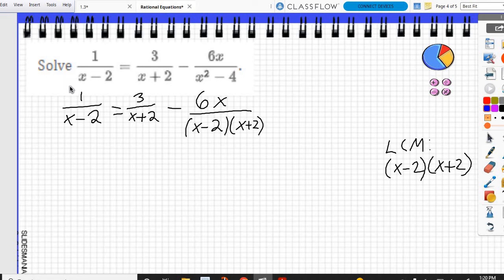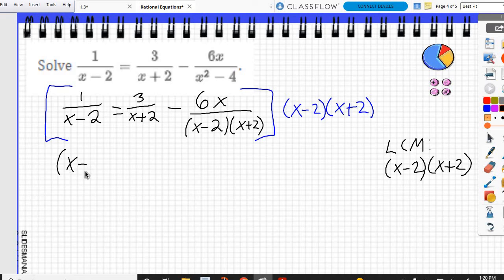So that is what I'm going to multiply the whole equation by. So for my first fraction, when we distribute, what is going to reduce? The x minus 2. So what would we be left with? Yep, which is just going to be x plus 2.